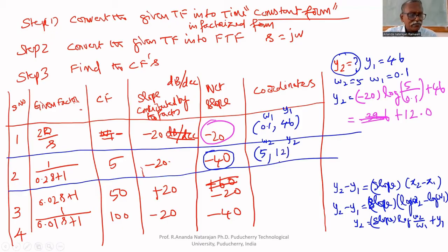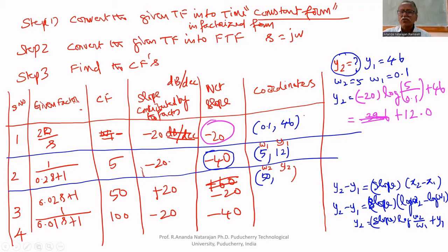Now we have to find the next coordinate. This is omega 1, this is y1. Omega 2 equal to what? Omega 2 is 50. This is omega 2, this is y2.